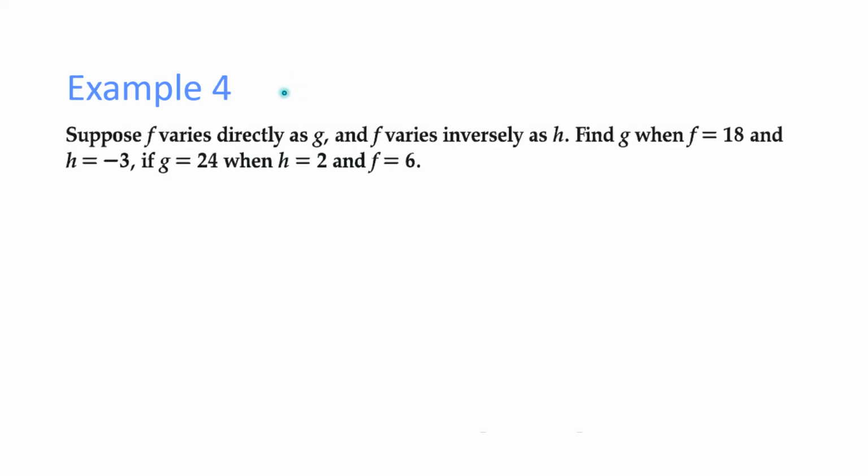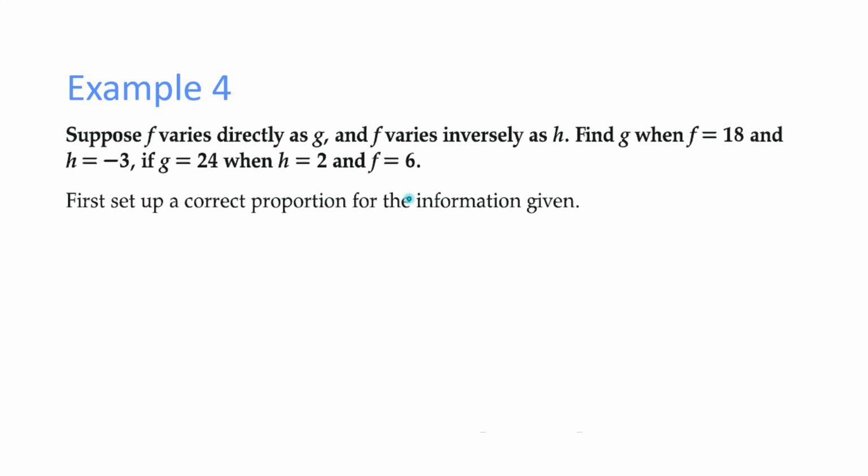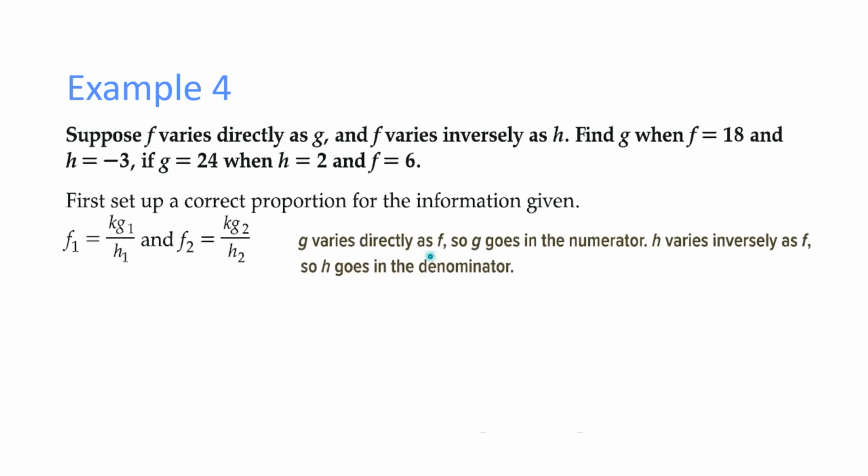Example 4. Suppose f varies directly as g and f varies inversely as h. Find g when f equals 18 and h equals -3 if g equals 24 when h equals 2 and f equals 6. First, set up a correct proportion for the information given. f1 equals k g1 over h1 and f2 equals k g2 over h2.